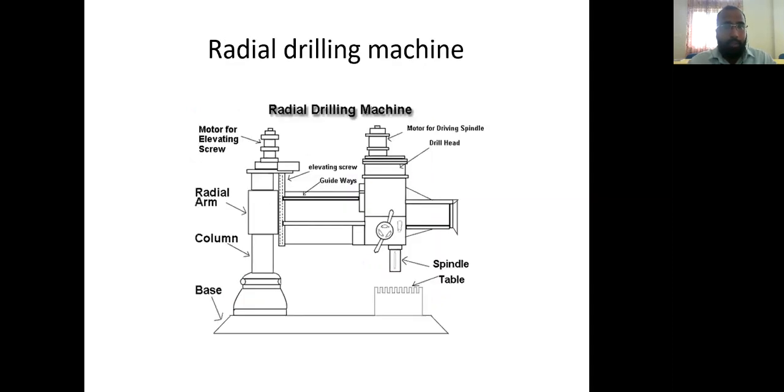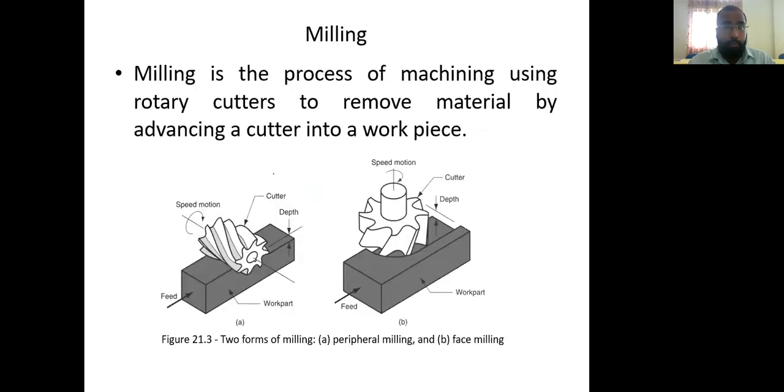This is a radial drilling machine, where you can see a base and a column, then an arbor upon which the spindle is mounted, and a table for mounting the workpiece. There is a provision for placing the workpiece and then doing the operations. There are radial drilling machines, vertical drilling machines, horizontal drilling machines, portable drilling machines, etc. So this is all about drilling.